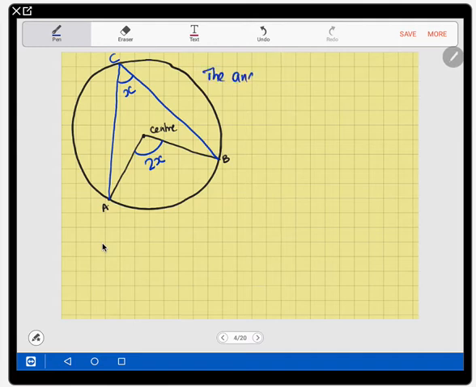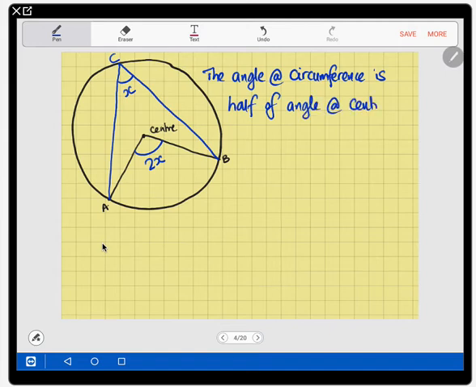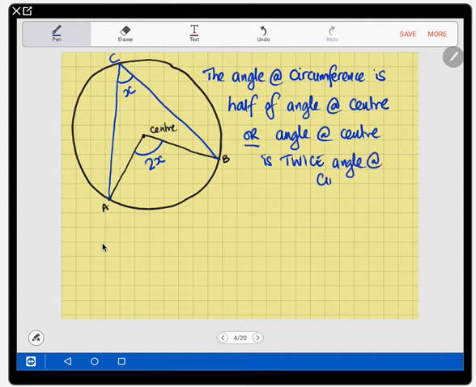The angle at circumference is half of angle at center, or you can say angle at center is twice angle at circumference.